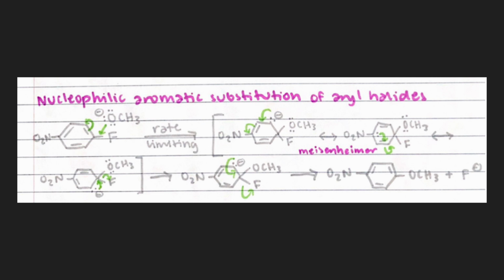The only difference in these structures is the placement of those non-bonded electrons and the double bonds. Again, it's resonance. But what ends up happening is the fluorine will leave, and the non-bonded electrons will be pushed towards the carbon where it attaches to balance the charges. We can see our products there on the bottom, and to summarize here, we were able to substitute a halogen for our nucleophile OCH3.